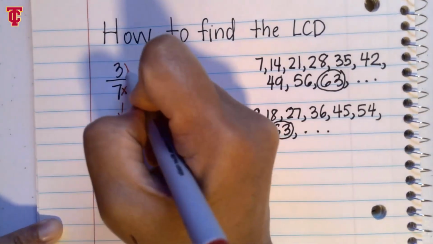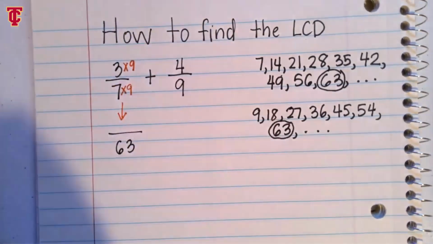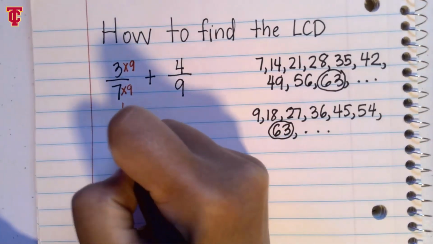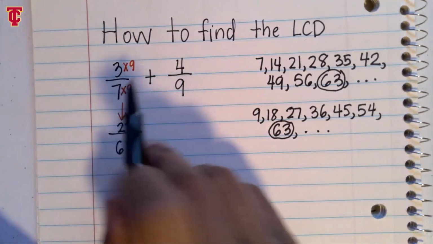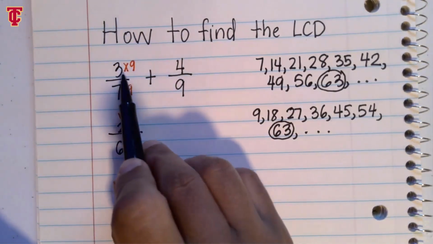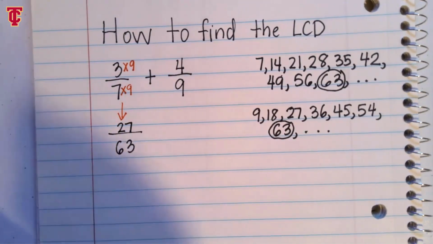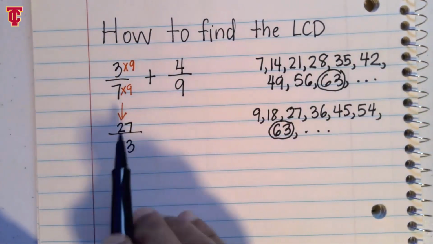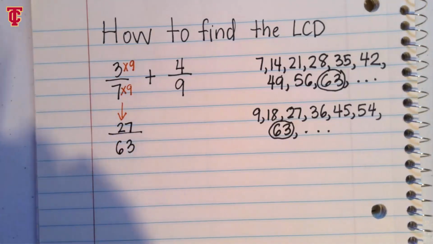Now I'm almost done here, but for my numerator, I need to take my numerator and multiply it by 9 as well. So 3/7 is the equivalent, after I resolve it, of 27 over 63.